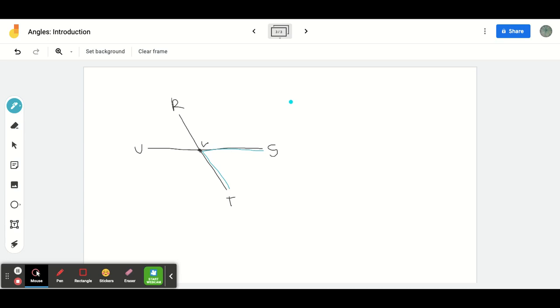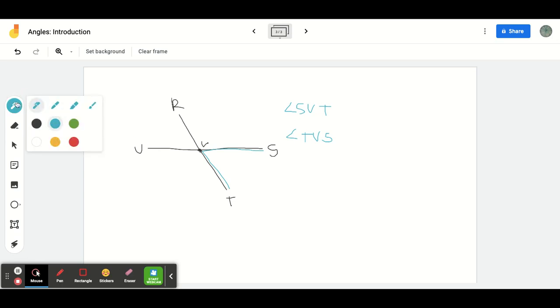So that would look like this. SVT or TVS. Both ways work.